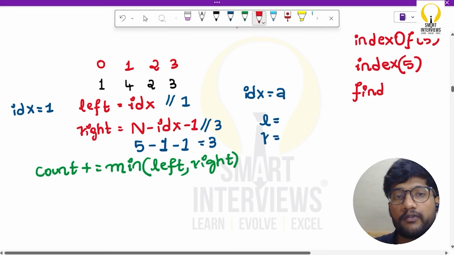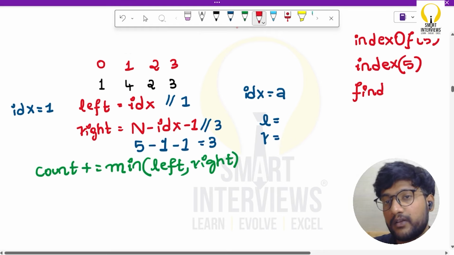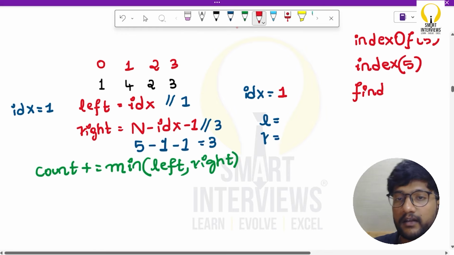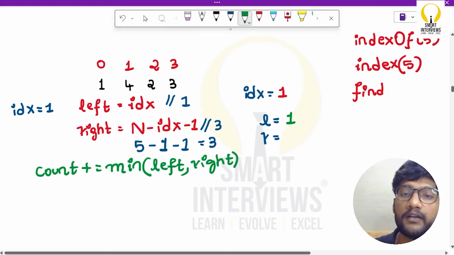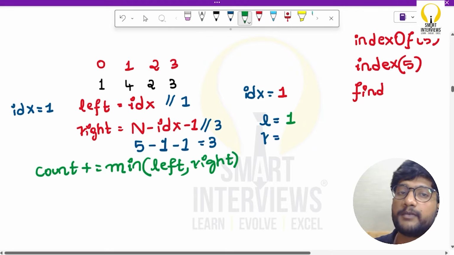Now what will you do? You will find your 4. Your 4 is at 1. So it won't be 2, it will be 1. Again, the left part will be index, right? So again, what is your index? Currently it is 1. And what about right? Again, n is not 5, guys, because we have removed one element. So n will be 4.